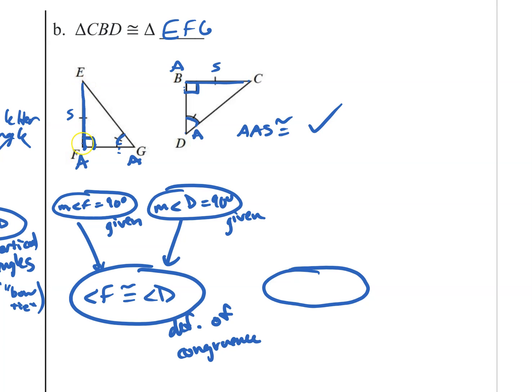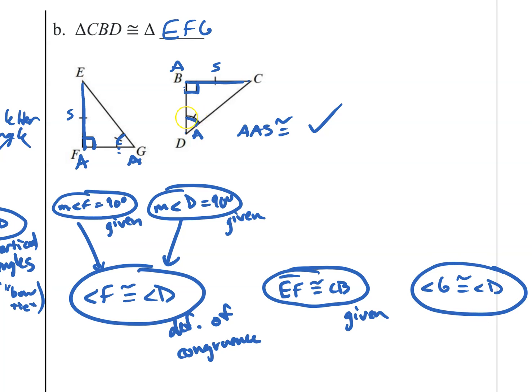Now we have that EF and CB are congruent because of the tick mark. EF is congruent to CB. That's given. We also know that angle G is congruent to angle D, because each angle has a single tick mark.